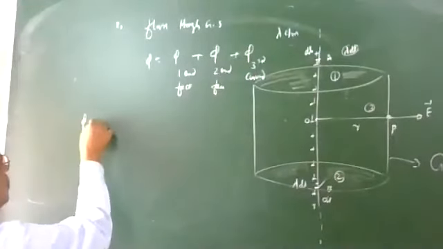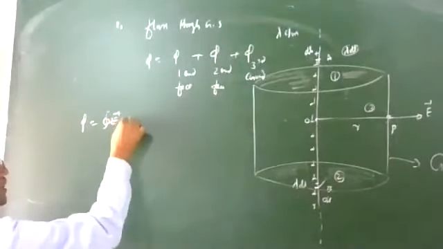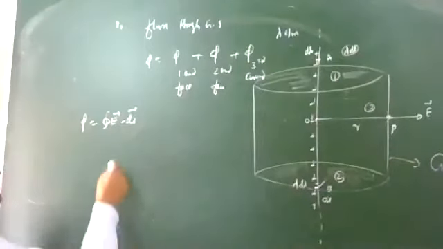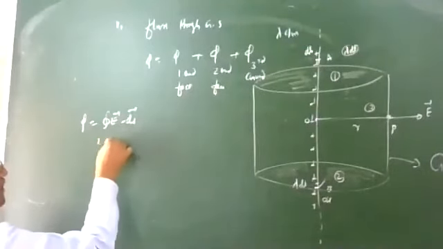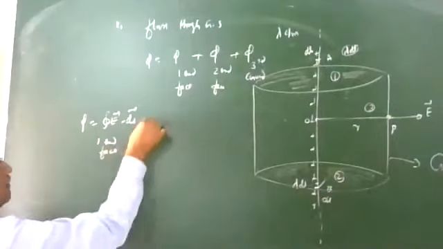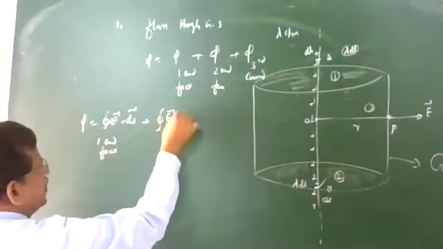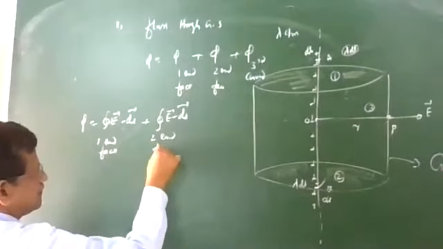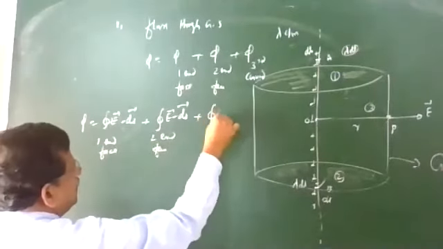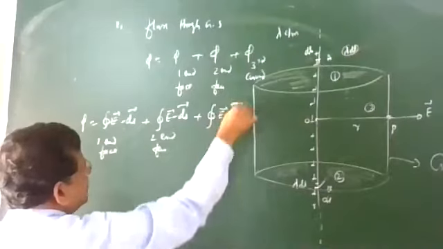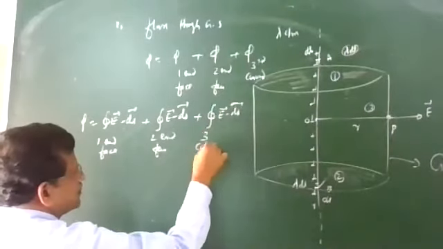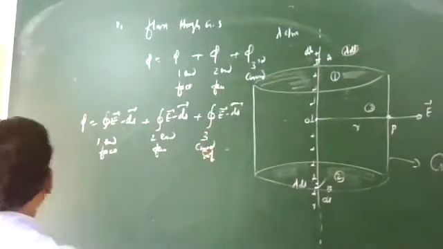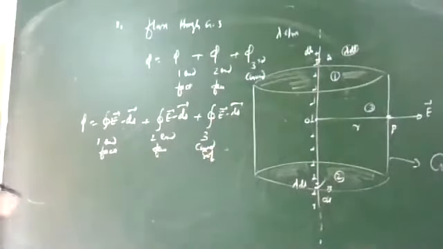So phi is equal to the closed integral of E dot dS over the first end face, plus the closed integral of E dot dS over the second end face, and the closed integral of E dot dS over the third, which is the curved surface. To find the flux, you have to recognize the direction of the E vector and dS vector on these surfaces.